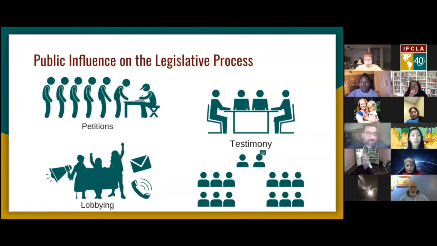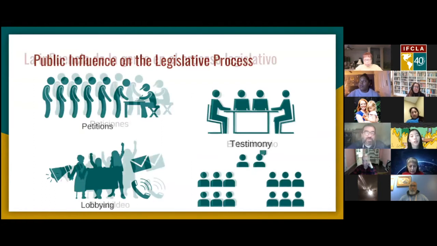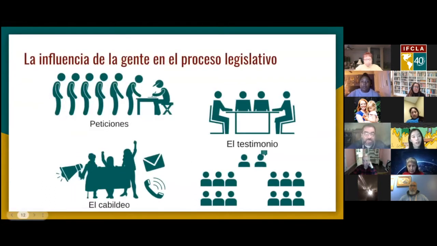And then finally, what this training is about, legislative meetings or research meetings. These are group meetings with your legislator to understand their perspective on an issue and voice your opinion. And so with that, I'll pass it off to Brittany to talk more about what a research meeting is.